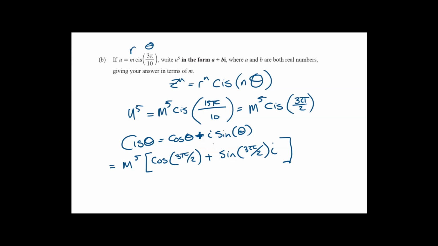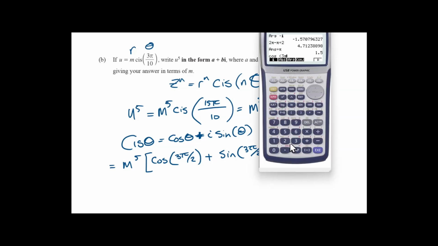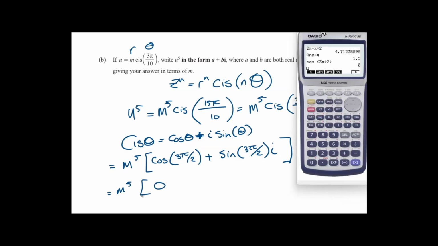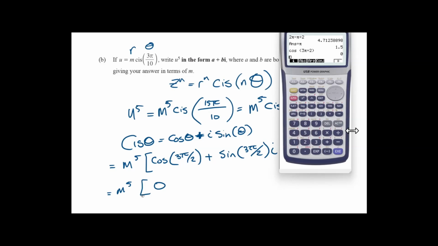So cosine of 3 pi over 2, I think it's 0. So m to the power of 5 times 0, and I think sine of 3 pi over 2, for memory, is -1.